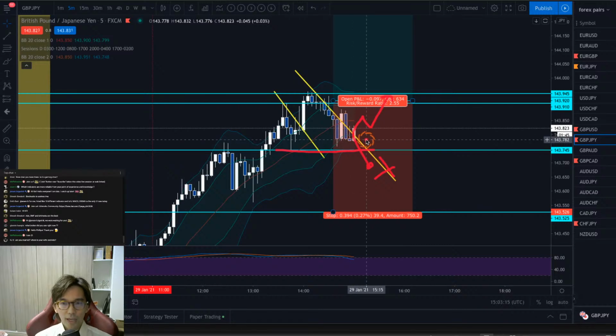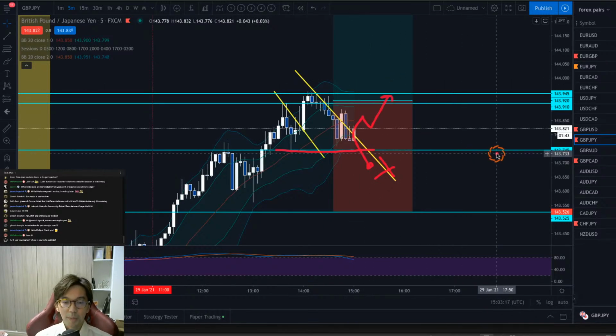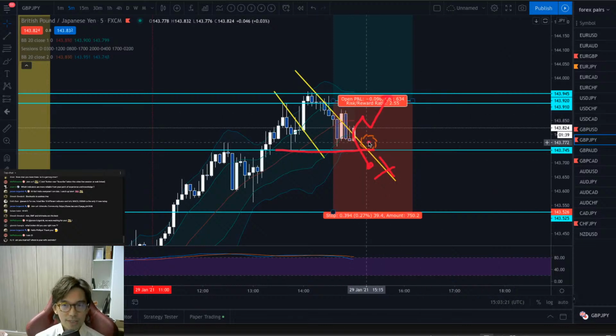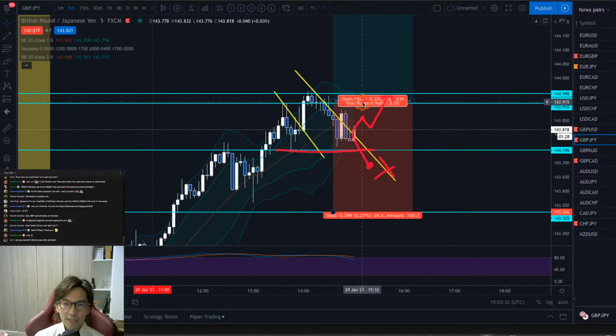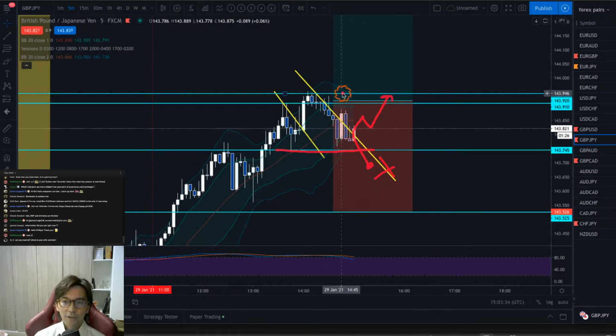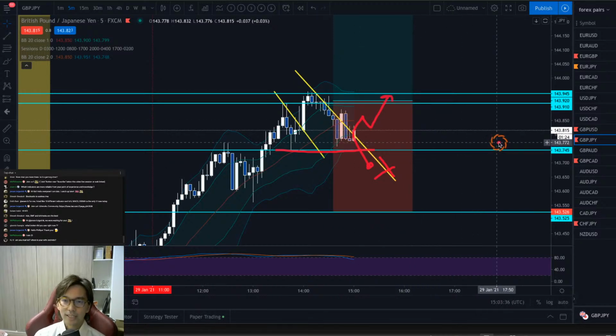And I expect the market goes up this way because this is uptrending on higher time frames. But it might go downwards. So here, we have to be patient until we see the confirmation for the uptrend. Now Bollinger Bands are squeezing, so waiting for it to expand next time.